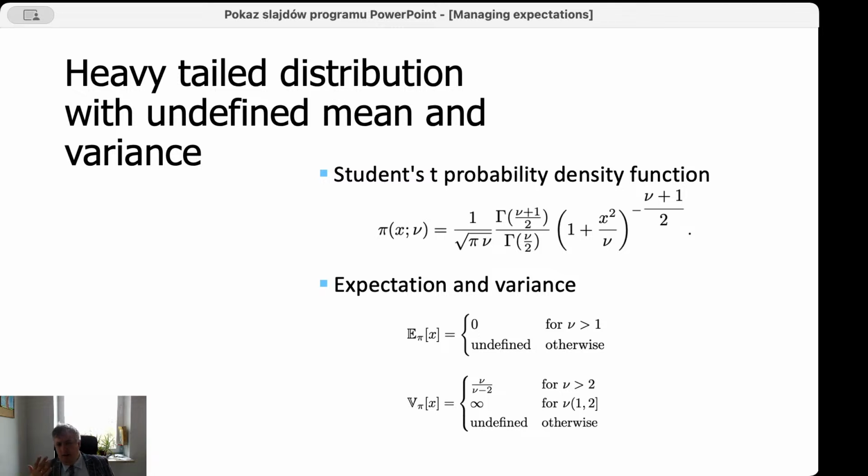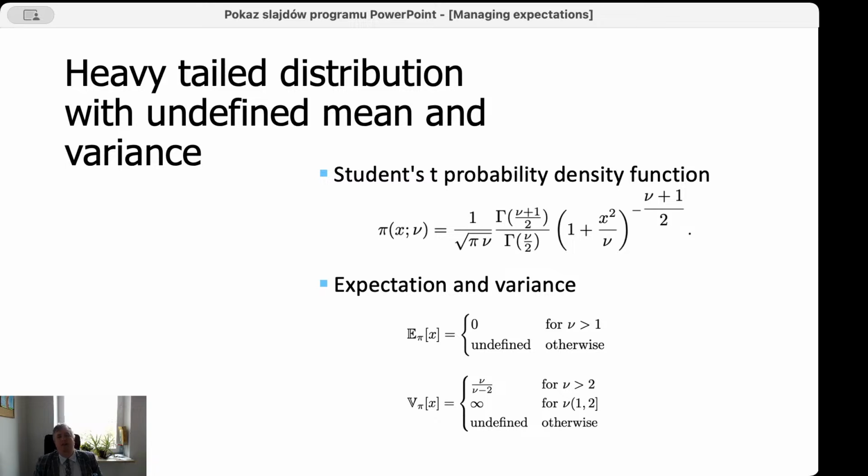One of the most popular heavy-tailed distributions, or distributions with heavier tails, is the Student t probability density function, which is very similar to the normal distribution, with the exception that it introduces an additional parameter called degrees of freedom, which is not necessarily an understandable or fully applicable name, because it implies a discrete character.